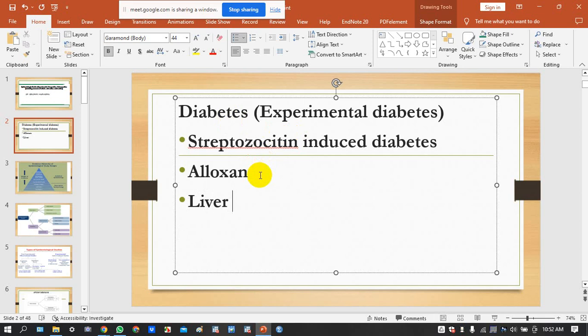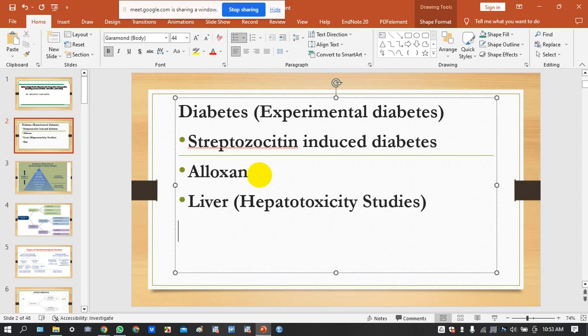If you want to do something on the liver, we have something we call hepatotoxicity studies. There is a study we published, myself and my colleagues in the Department of Pharmacy, the School of Pharmacy in UDS. We published a paper in November of last year, and it's on hepatotoxicity.